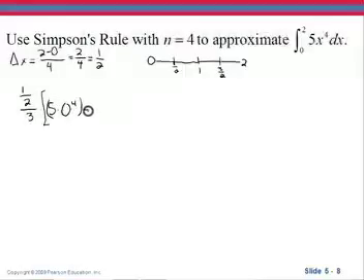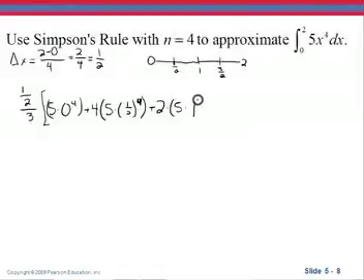Plus, we do 4 times our next interior point, which is 1/2, so that's 5 times 1/2 to the 4th. Plus, the next one we do 2 times 5 times 1 to the 4th. I'm sorry, I made a mistake there, that should be 4th, not squared.